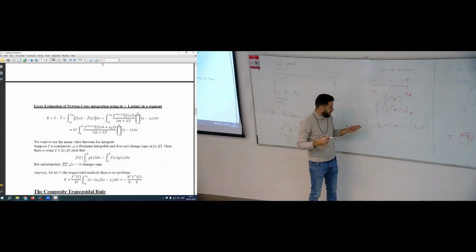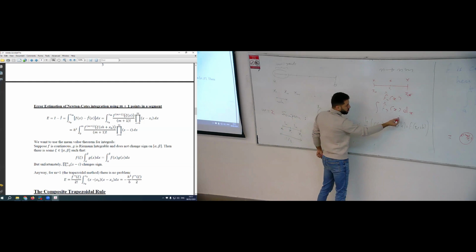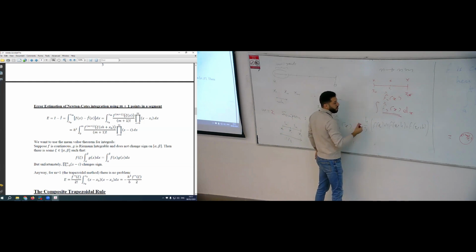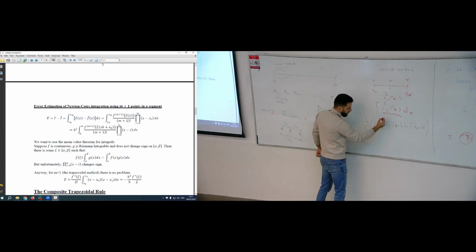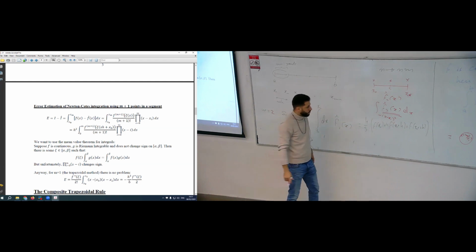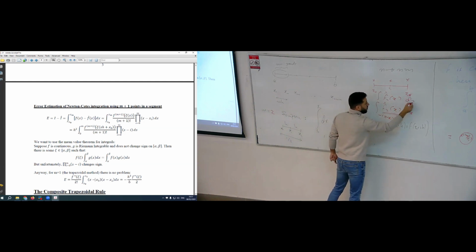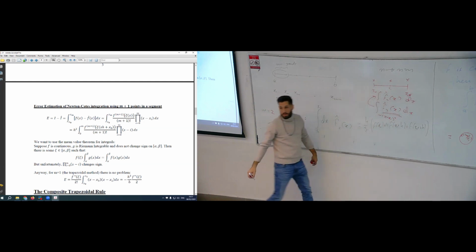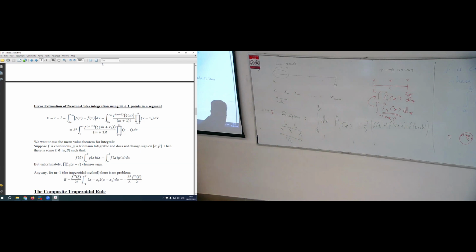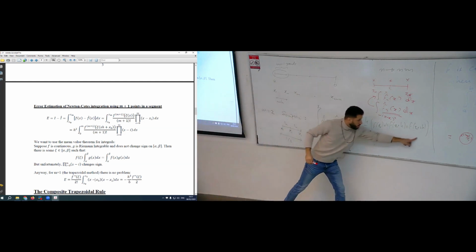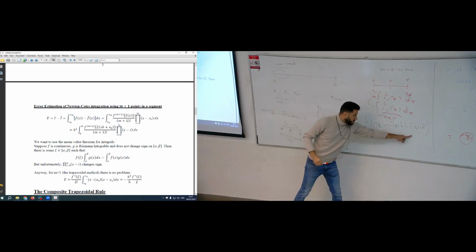So I'm telling you that if I choose a good polynomial here, whose error goes not like x minus x1, but like x minus x1 squared, the integral over it will equal the integral over this. Which is what? Which is this. You will find that the answer is this.